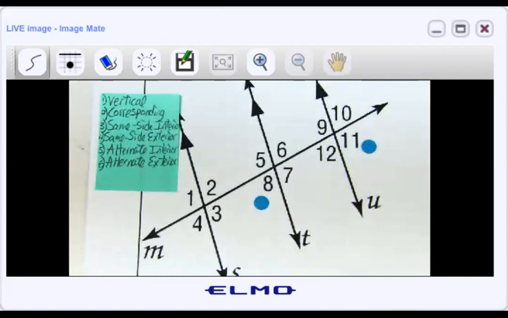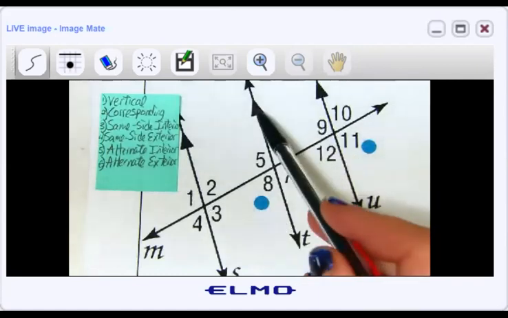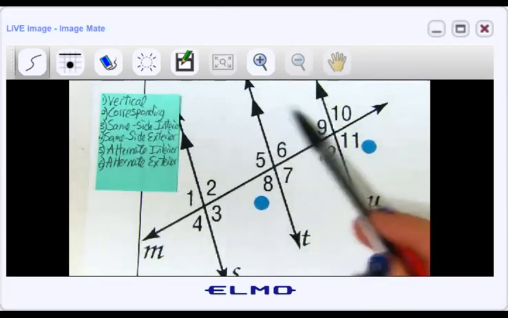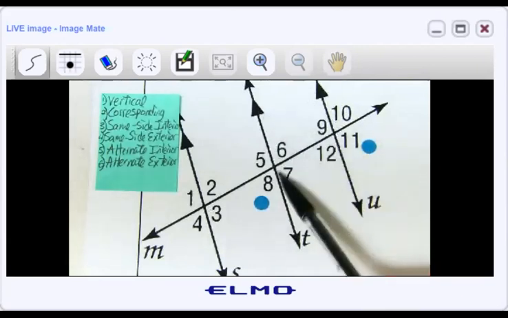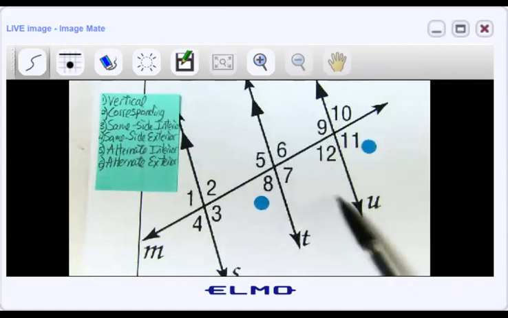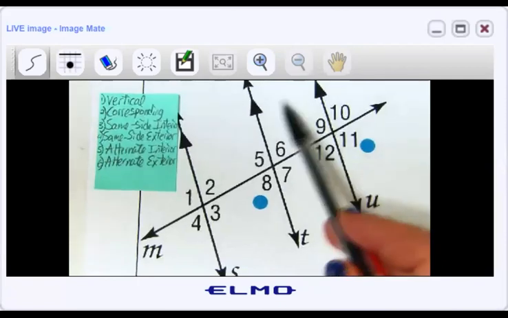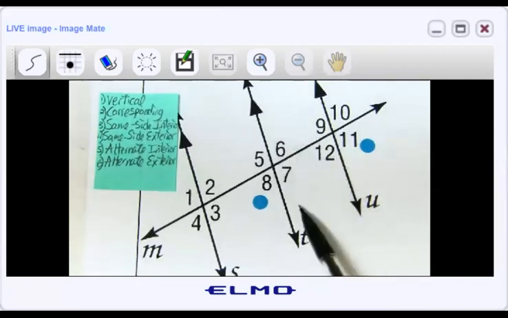So the way to do that, you take a look at the other two lines that make up the angle. So in this case, T and U. This would be the interior. Any angles that are on the interior would be here. So if they're not on the interior, they're on the exterior, right? So what would you say here? Are they interior or are they exterior? Yes, exterior. So these would be same side exteriors. So hopefully everybody picked that same side exterior.